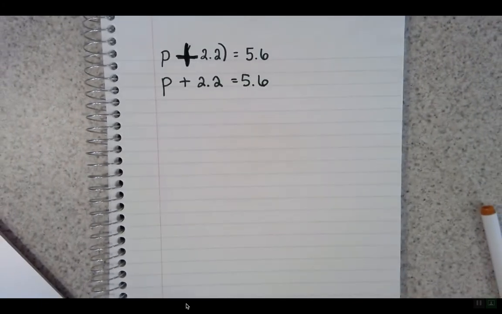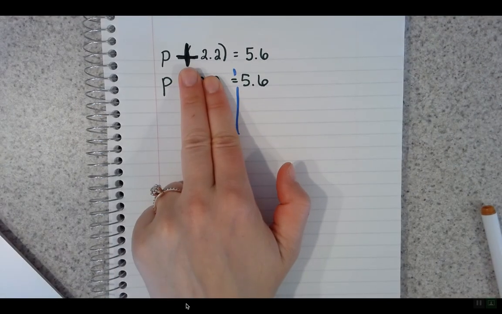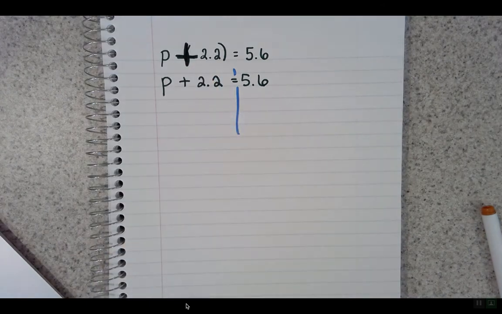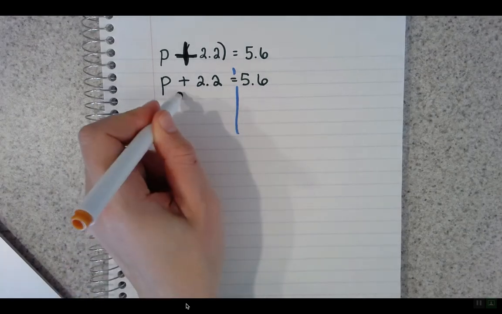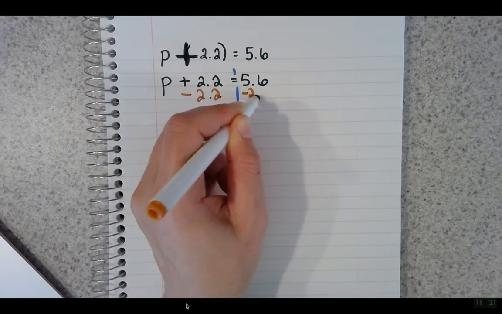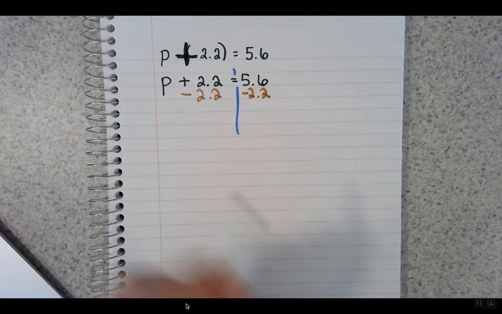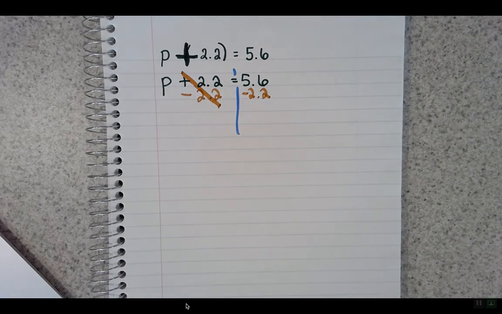Okay, now that I've fixed up that double negative, I'm going to draw my wall. Now if I get rid of this plus 2.2, p will be all by itself on the left side of the wall. The opposite, or the inverse, of adding 2.2 would be subtracting 2.2. 2.2 minus 2.2 is 0, so those cancel each other out.